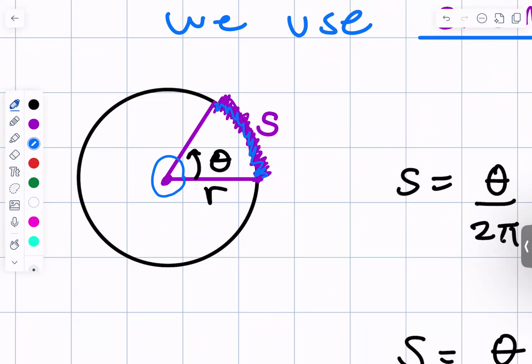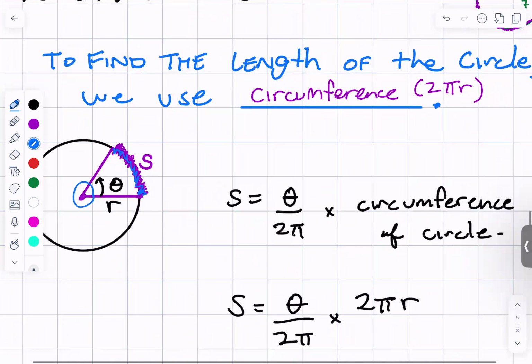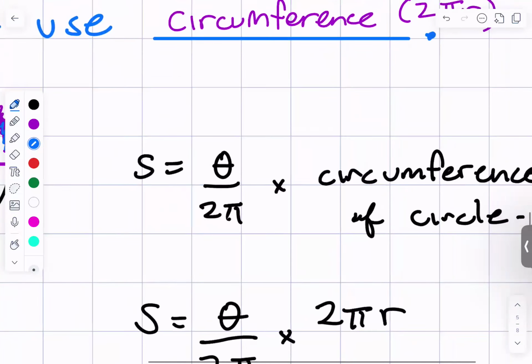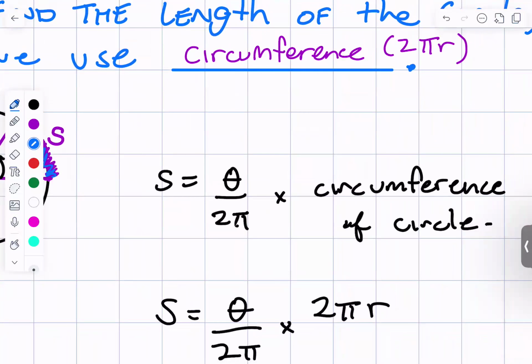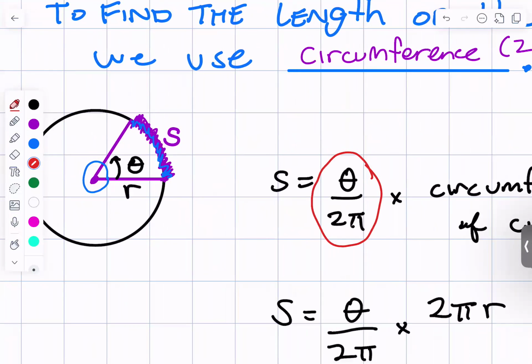That would represent the whole circle, correct? So the formula here would be theta over 2 pi times the circumference of the circle. How does that work? Because theta over 2 pi is the ratio of that pizza slice. Does that make sense? Yeah. This guy over the whole thing is the ratio that we want.